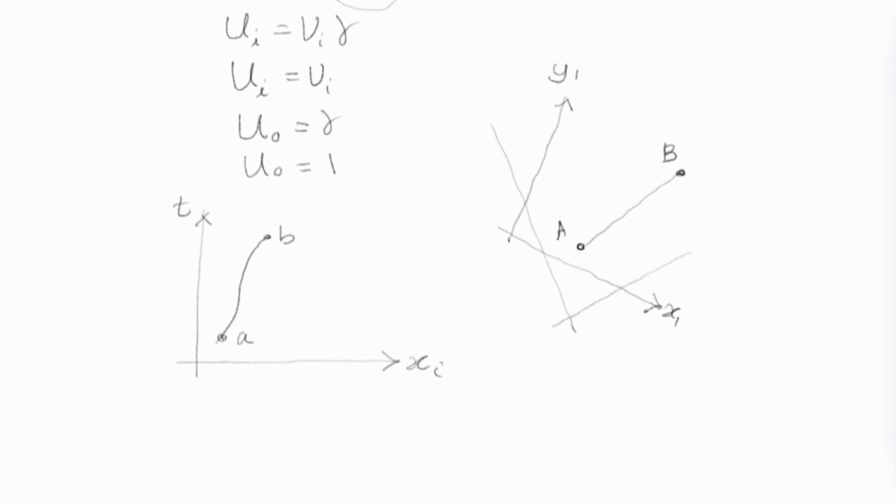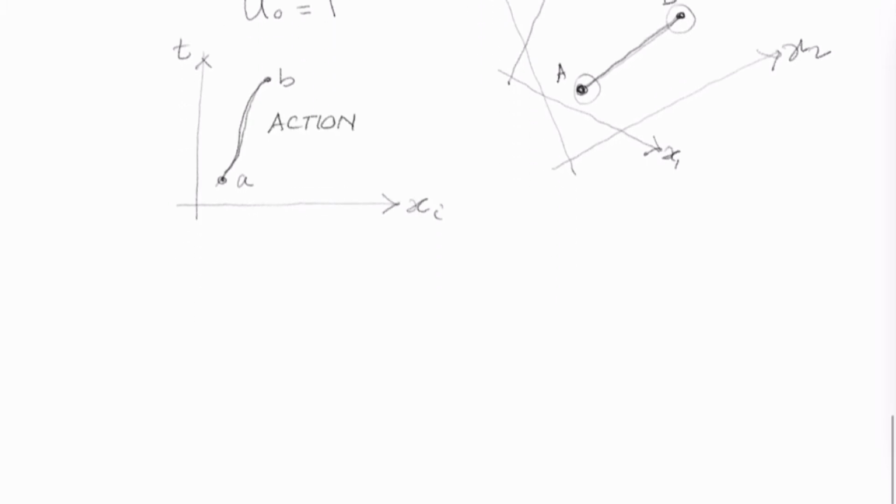So if this is another coordinate system, let's say x2, y2, whatever coordinate system you use to calculate the distance between A and B, it is the same. Why? Because it is the distance between A and B. Similarly, the action of a particle is the action of the particle. So it cannot vary depending on the coordinate system you use to calculate it. So that is one property.